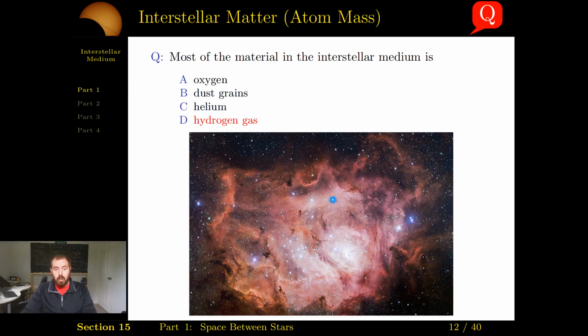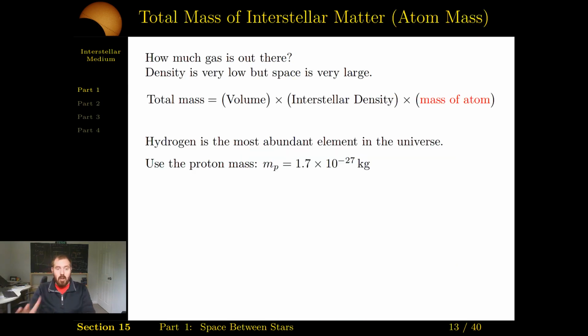A whole spectacle of different colors coming from the cosmos, and most of it's still just going to be hydrogen. If we counted up the atoms in the universe, you'd find that hydrogen is about 75% of the universe. So, with that said, we're going to say that just every atom across this galaxy is hydrogen.